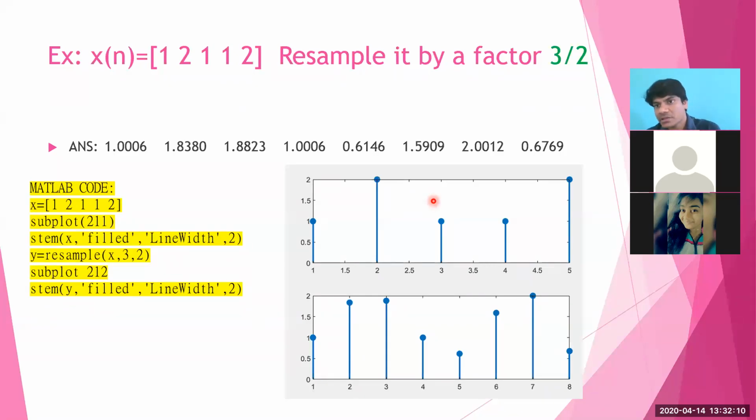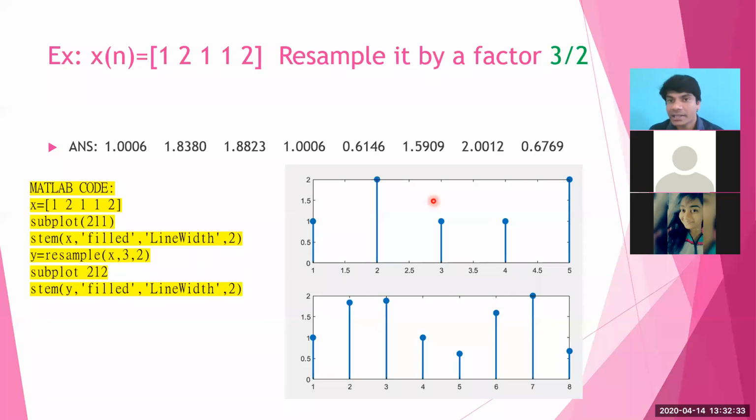The picture right below it contains more than 5 samples. So what happened? Is it interpolation or upsampling, or decimation or downsampling? What in fact happened is that it got resampled by a factor of 3 by 2.